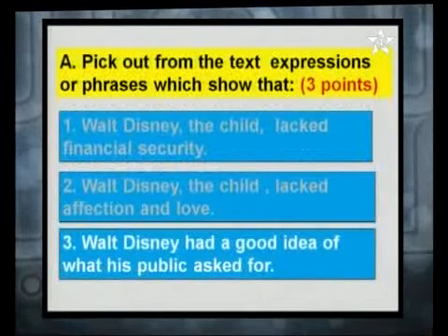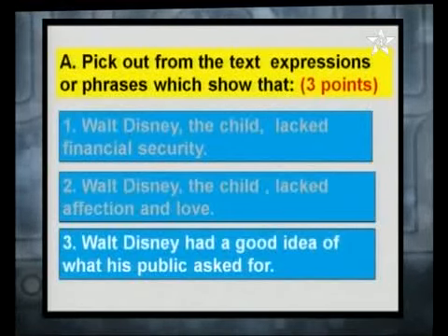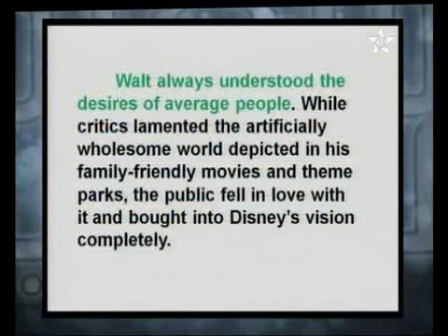Next question, number 3. Walt Disney had a good idea of what his public asked for. Now, before producing films, of course, Walt Disney had an idea about what his public asked for. Now, we have to find in the text what shows this. Same procedure, same strategy. We don't need to read the whole text. Just learn to go directly to the part of the text which gives us the answer.